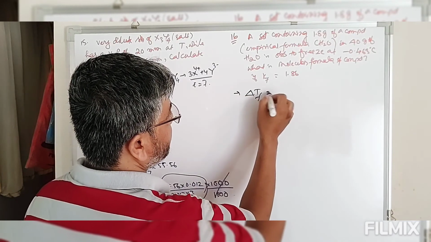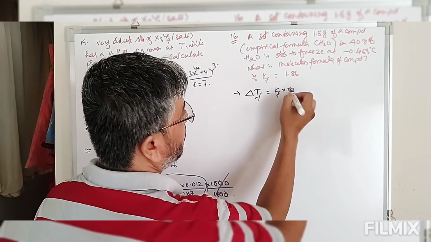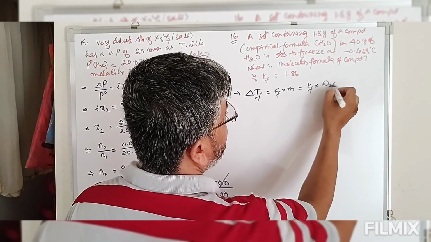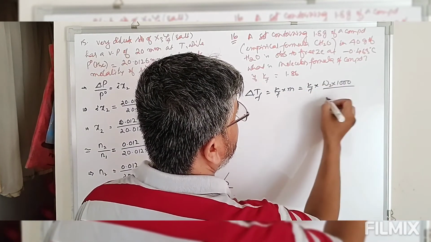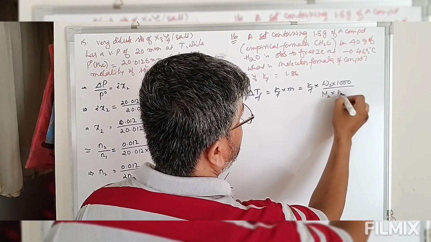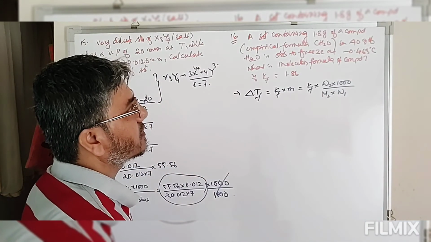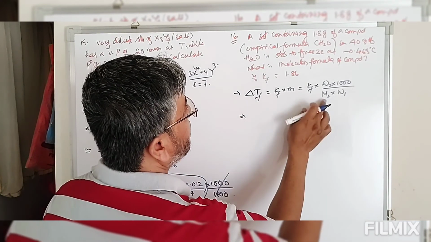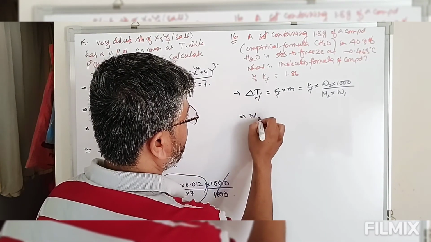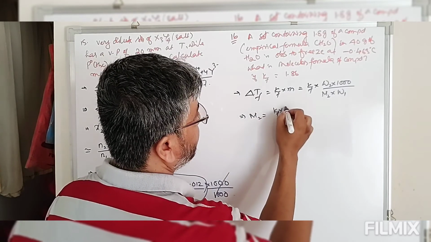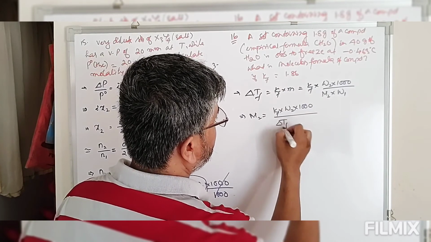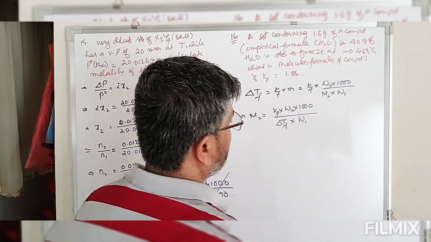So delta Tf is equal to Kf into molality. So molality is mass of solute into 1000 divided by molar mass of solute into mass of solvent. Now look at this. We have to find the molar mass. So the molar mass of solute is Kf into W2 into 1000 divided by delta Tf into mass of solvent.